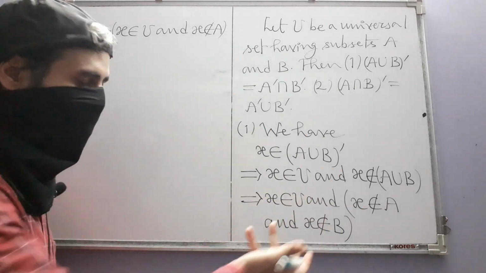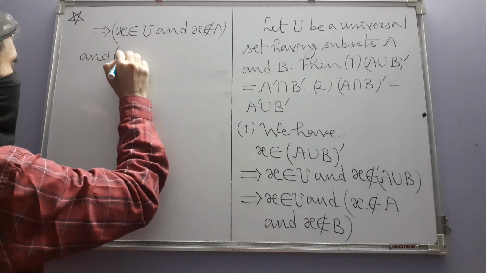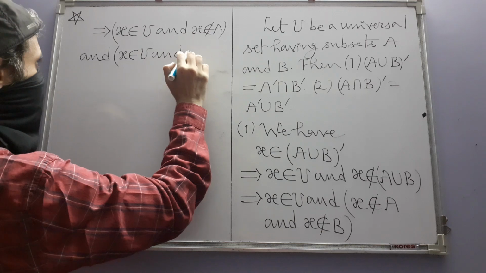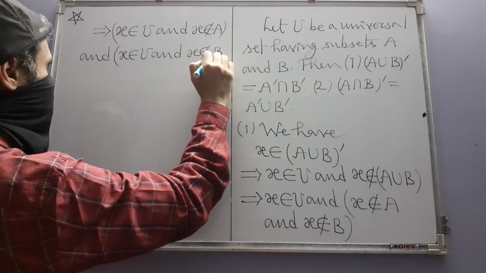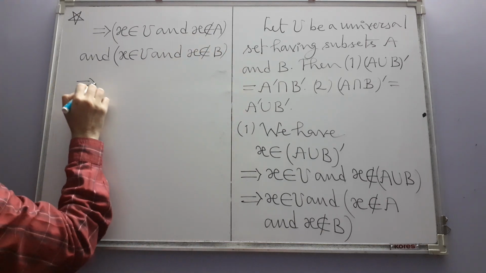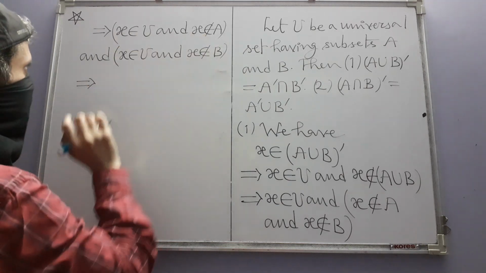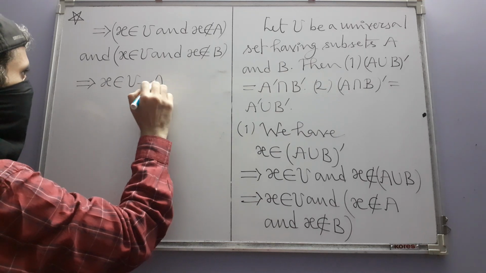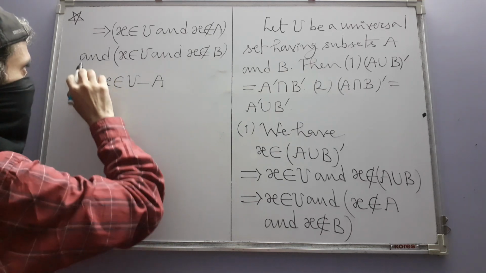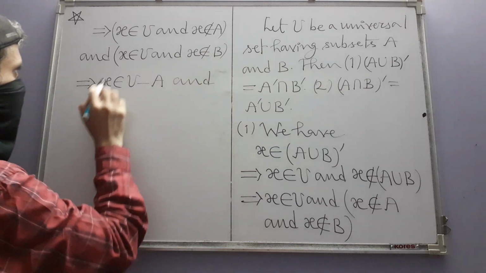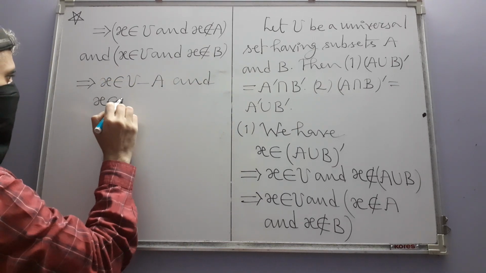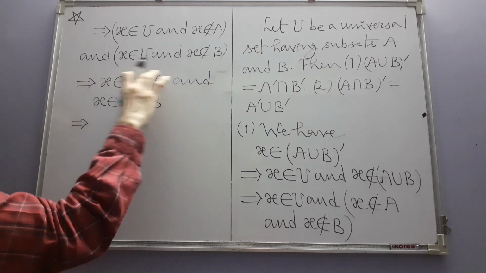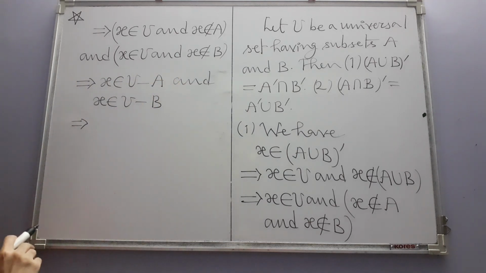So it does not hurt to again write X belongs to U and X does not belong to B. Now what does this mean? It means that X belongs to U difference A, and this means X belongs to U difference B. I could have skipped this step, but that may be confusing.